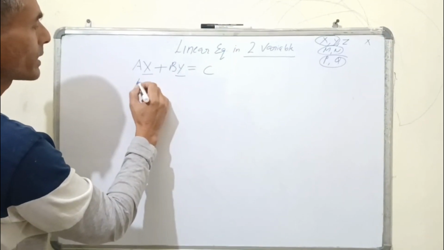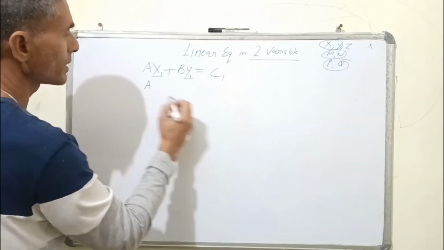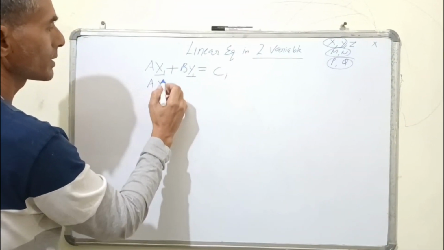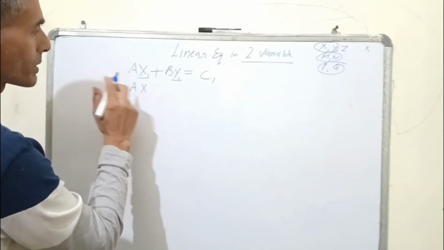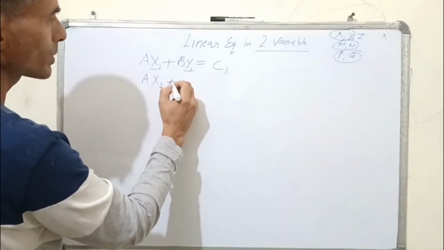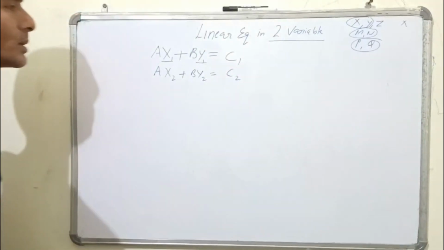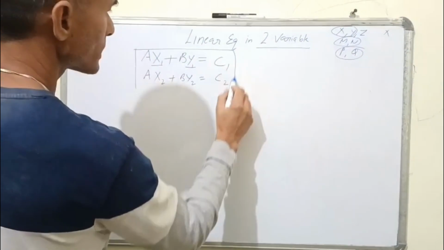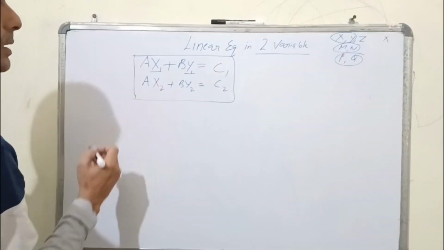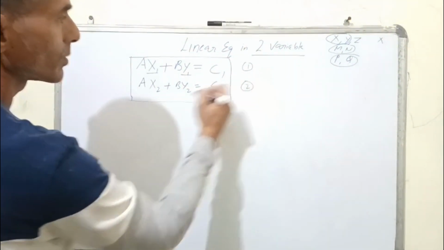This will be one, let's say ax1 plus by1 is equal to c1. Since it is two variables, to solve these equations we always require two equations. So a2x plus b2y is equal to c2. This is the condition that is required for linear equations in two variables. So two equations are required, 1 and 2.